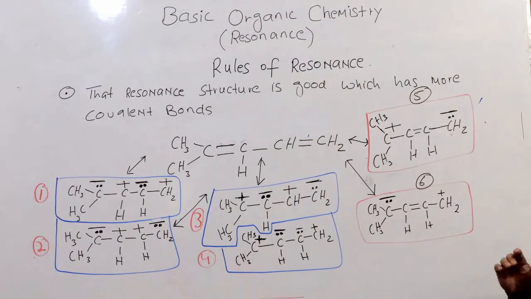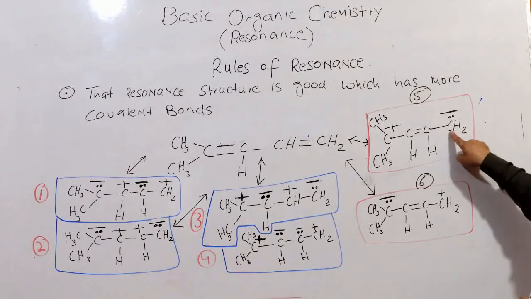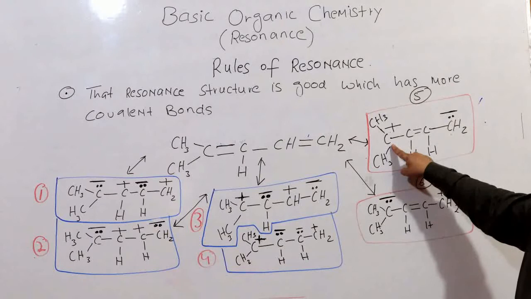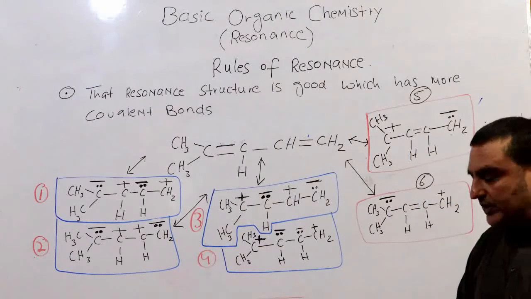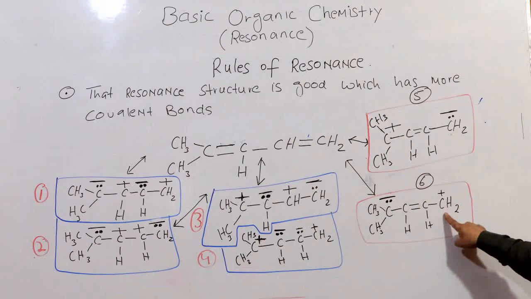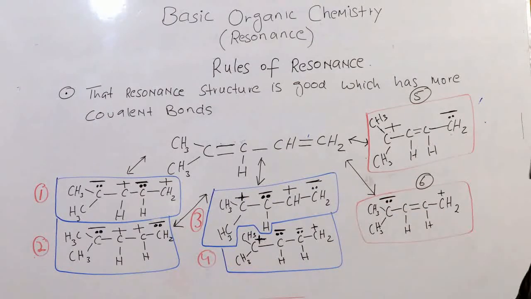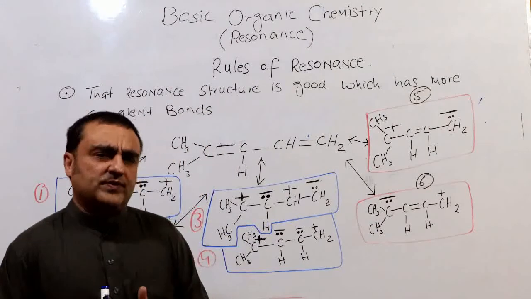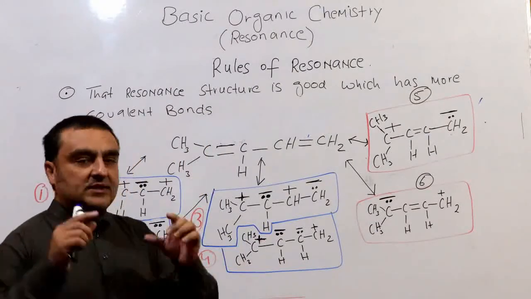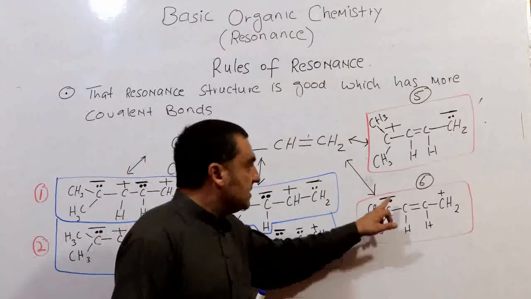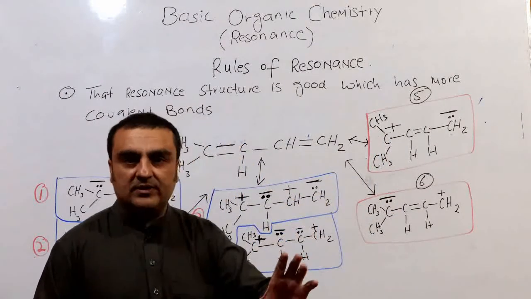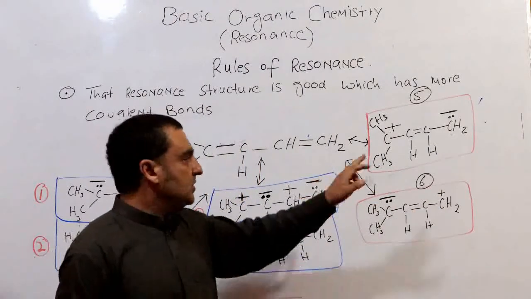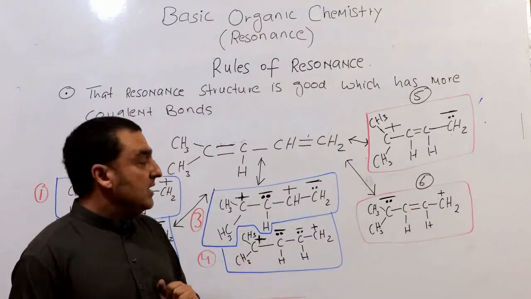This structure has a negative charge on a primary carbon and a positive charge on a tertiary carbon, and this structure has a positive charge on a primary carbon and a negative charge on a tertiary carbon. Now, as you know, tertiary carbocations are more stable than primary carbocations, so this one wins.